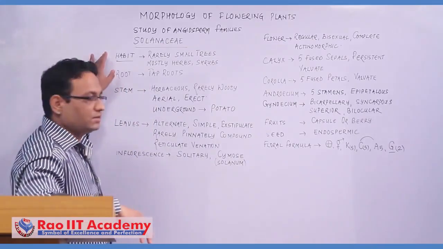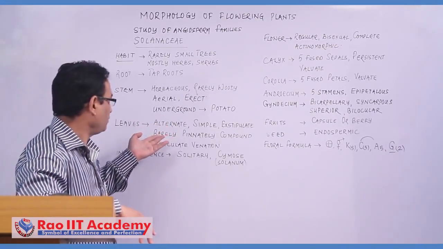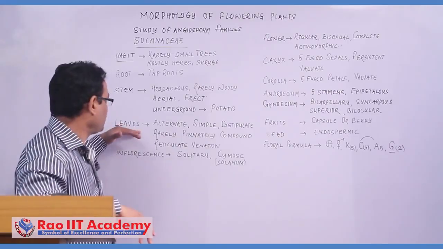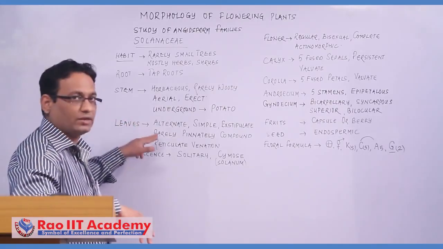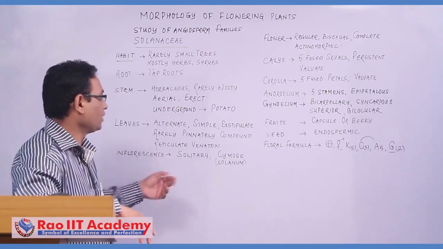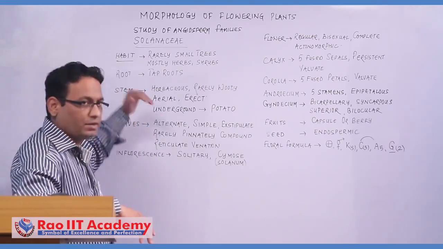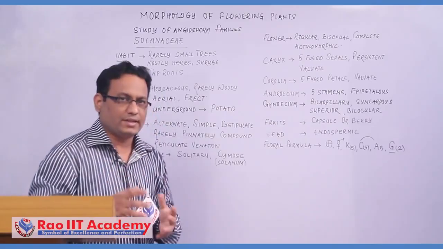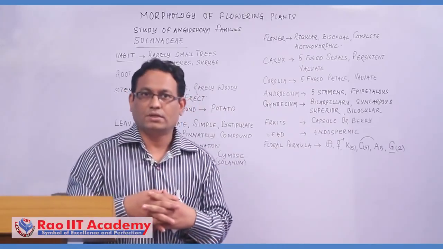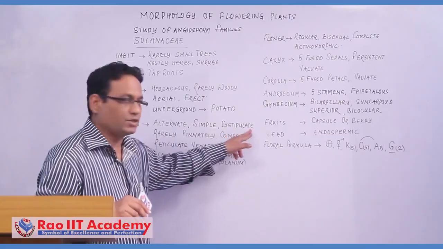So, as we understand the habit, the root and the stem, we move up to the shoot system, wherein we study the vegetative shoot of the leaves. Now, as we understand the phyllotaxy, the incision of the lamina and the venation, this family also shows simple alternate leaves. In most of the plants in the family, stipules may not be seen, and hence the leaves are referred to as exstipulate.